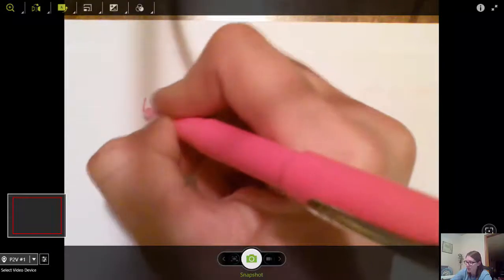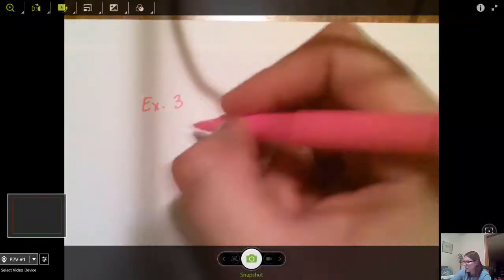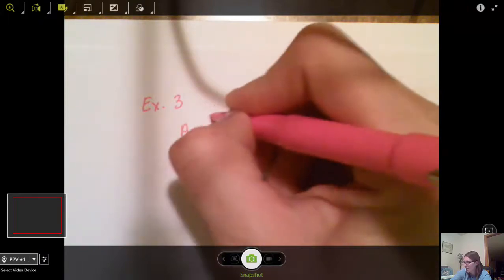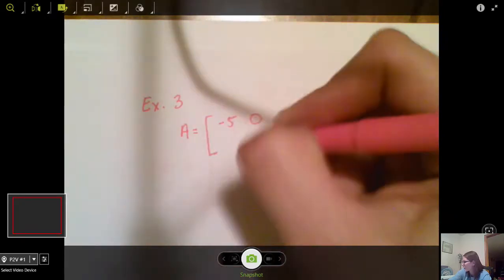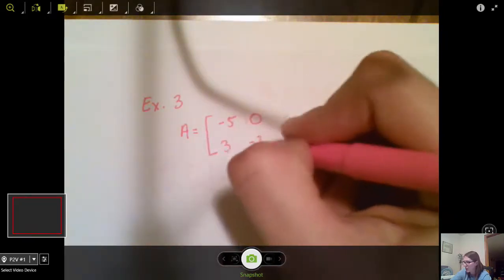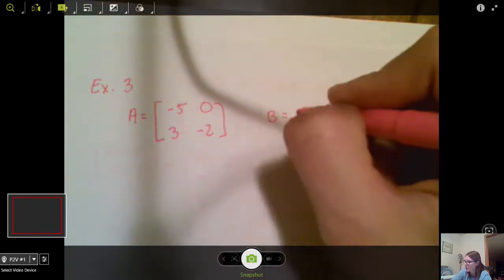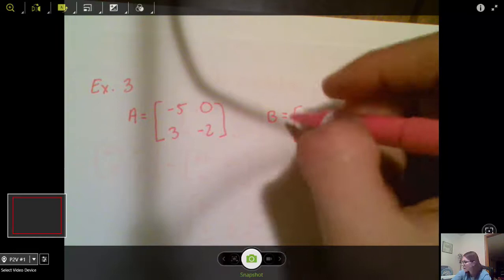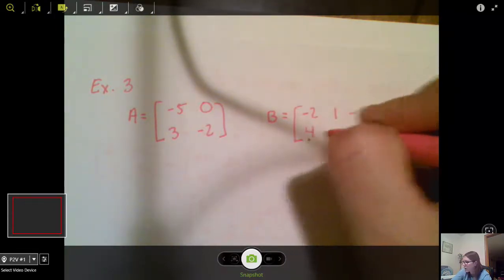My example we're going to look at here will help us figure out when we can actually multiply our matrices. Right here, we have matrix A, which is -5, 0, 3, -2, and matrix B, which is -2, 1, -1, 4, 2, 5.